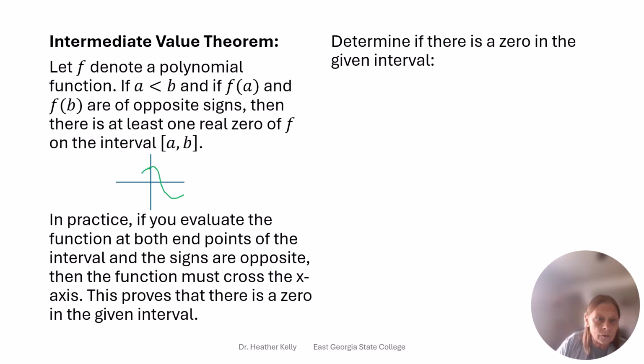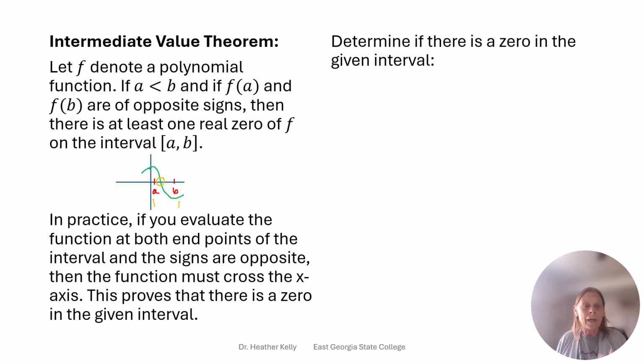Here, call this point A. Here, we'll call this point B. Now, you can see that in between A and B, the graph crosses the x-axis somewhere. And remember, where the graph crosses the x-axis is a 0, because x-intercepts are zeros. X-intercepts are solutions, they're roots, they're factors, all of those things.